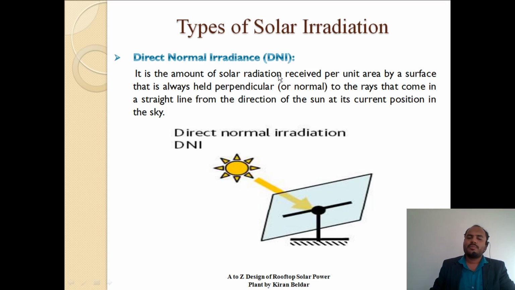It is the amount of solar radiation received per unit area by a surface that is always held perpendicular or normal to the rays that come in a straight line from the direction of the sun at its current position in the sky. Basically, the direct normal irradiation is falling perpendicular to a solar panel. Therefore, the energy generation from the solar panel is higher.